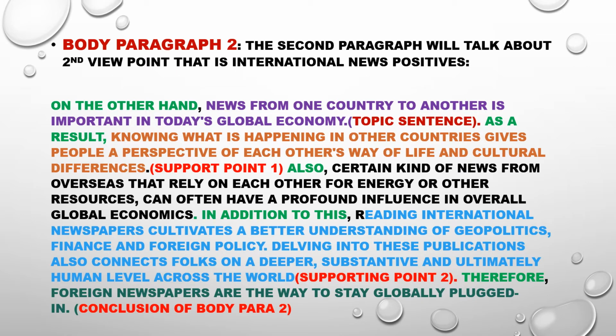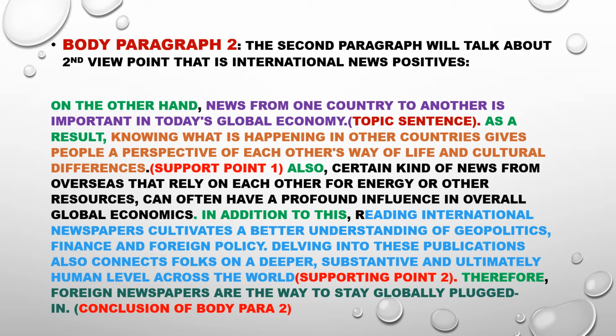Here you can see I have not included any example, but I have elaborated my points a bit more because I don't have the example. I have shown this just to show you that even without an example, you can write your body paragraph. So again, it will come to 6 sentences, something like that.